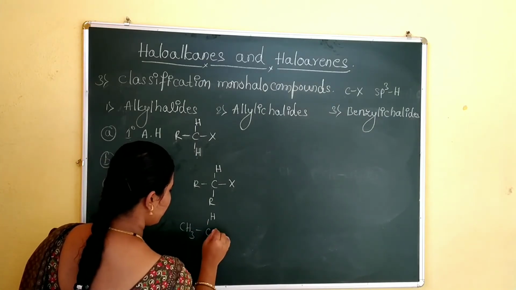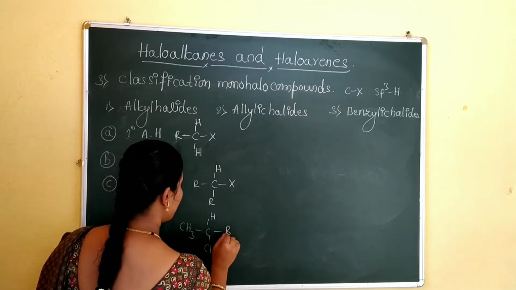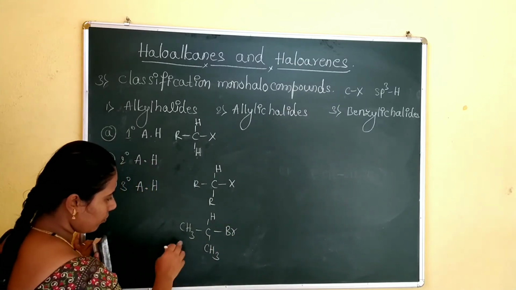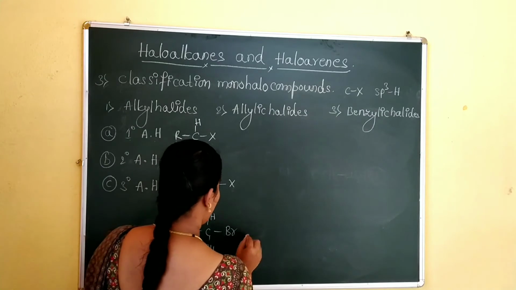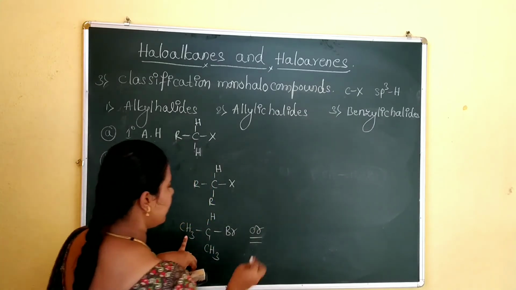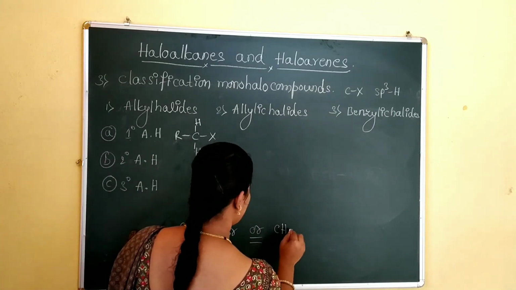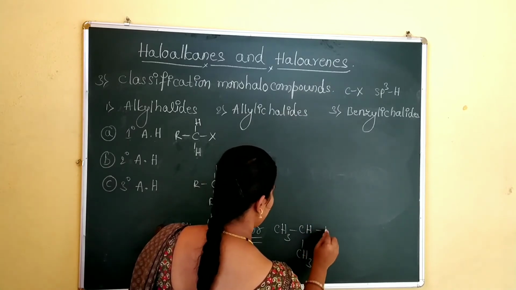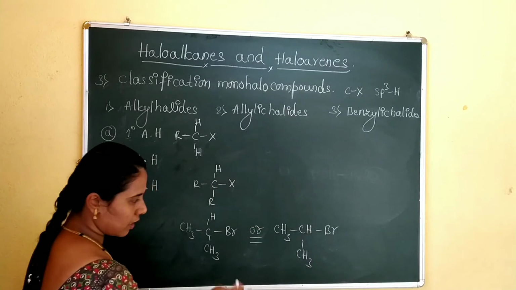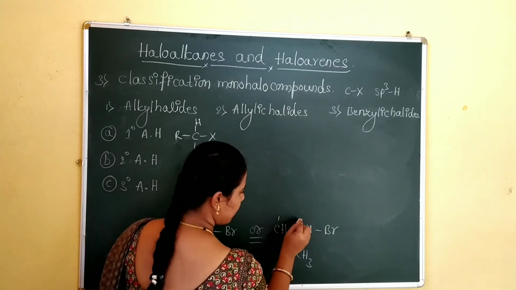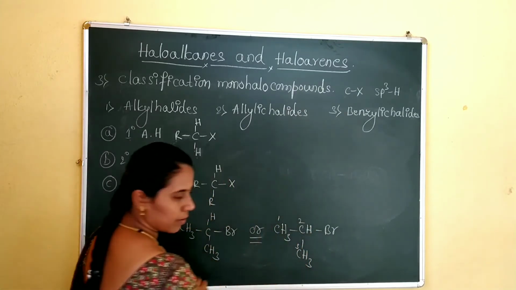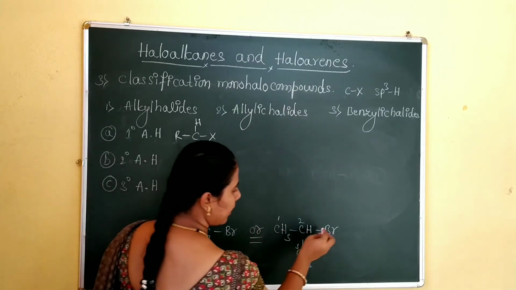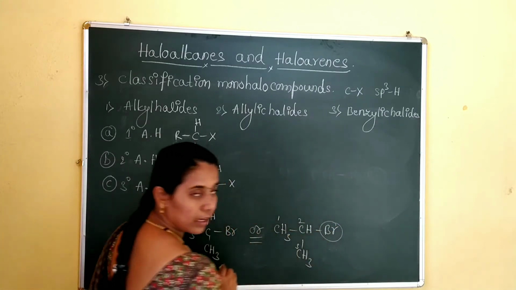Example for this is CH3, CH3, and the halogen atom is bromine. You may write it like this: CH3CHBrCH3. Now select the carbon chain: first carbon, second carbon, third carbon. The halogen atom is attached to the second carbon atom.